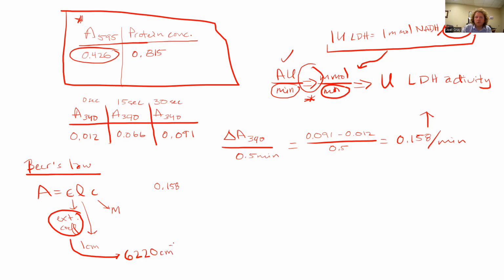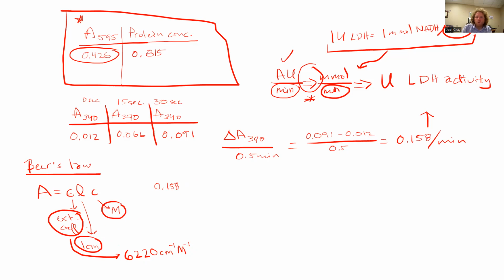Units are inverse centimeters, inverse molar. One way to think about that is if you take your extinction coefficient and multiply it by our path length, which is 1 centimeter, and then multiply it by our concentration, which is in molarity, effectively these units all cancel one another out.